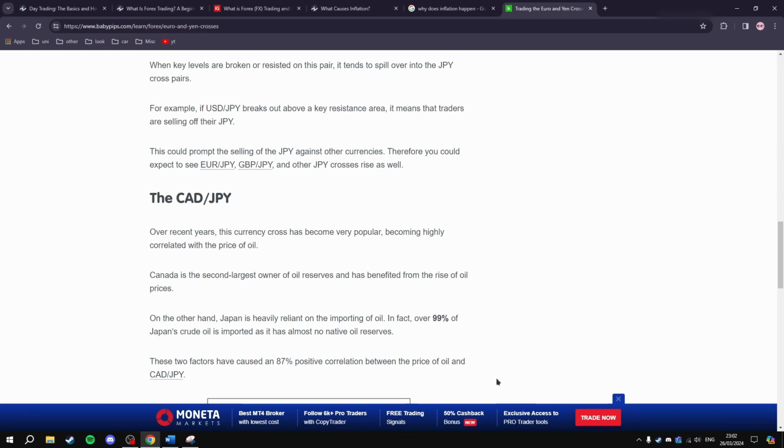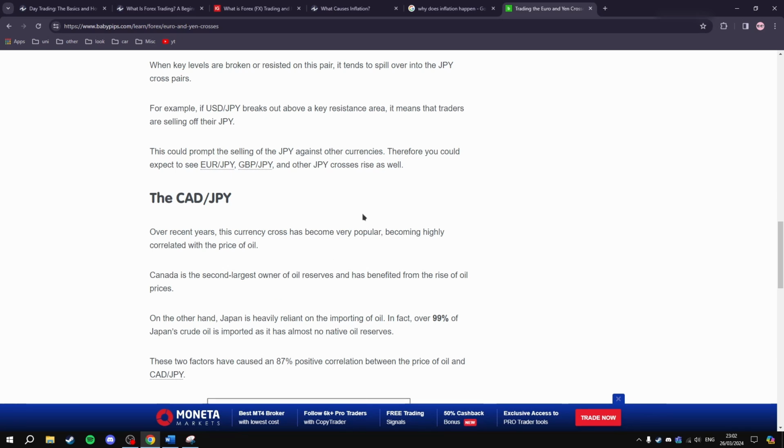So euro against USD, GBP, everything against euro, and then lay them on top of each other and see how one movement could affect the movement of another, or see if there are any similarities and differences, and how one movement in one currency pair would affect another currency pair. So yeah, that'd be good.